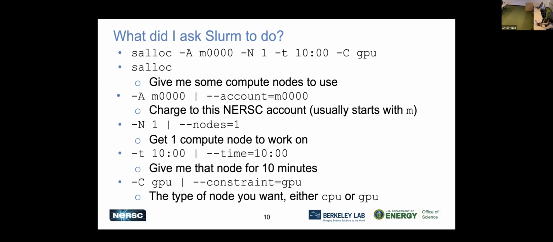A lot of times that's because you've submitted a wrong account or the QoS is wrong or something like that. Any errors like that, you'll get a pretty generic message back from Slurm. And then again, the constraint is whether you're using GPUs or CPU only.